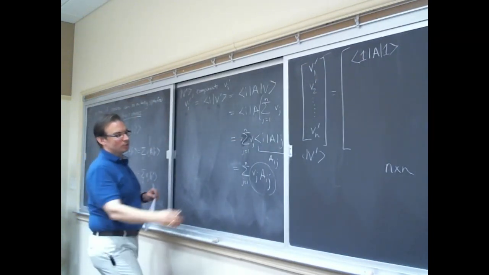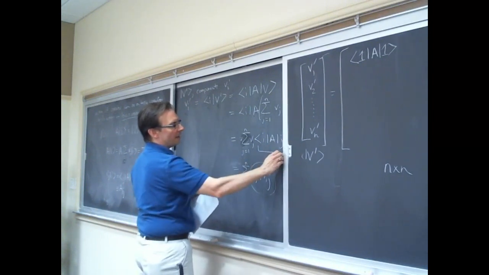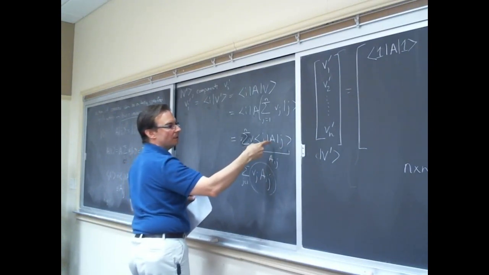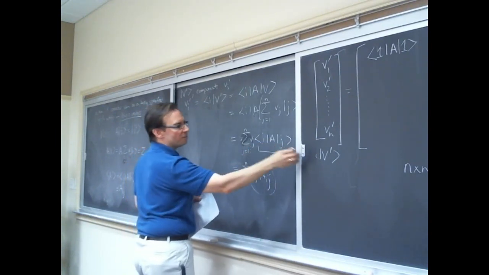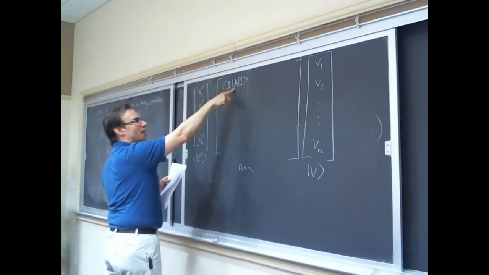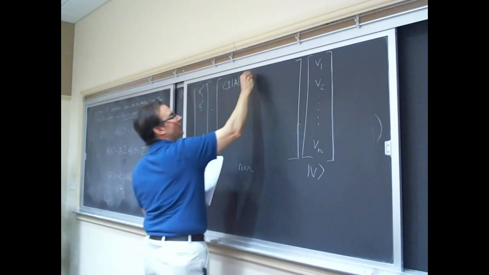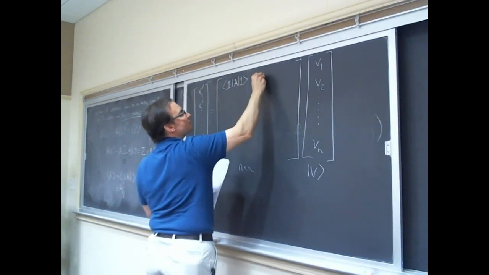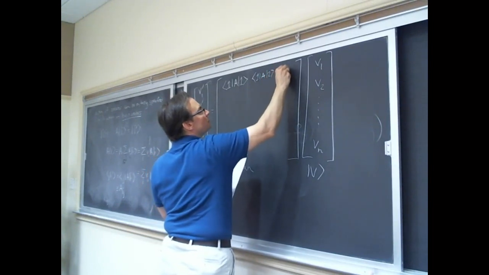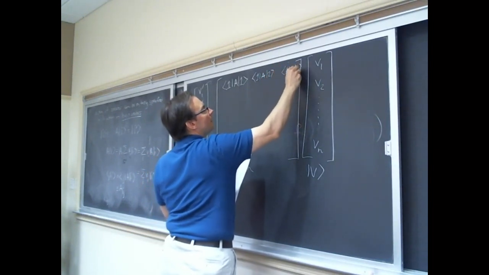Okay, so that you can determine the a_ij component by this product of the ith basis vector times A times the jth basis vector. So up here we're in the 1,1 position. Over here we're in the 1,2 position, etc., all the way up to 1,n.